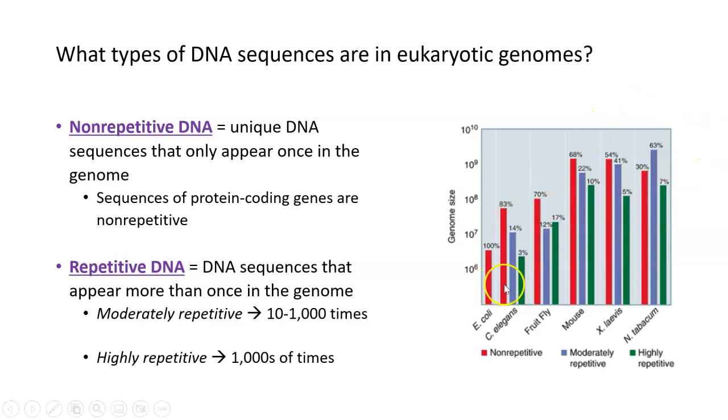And if we actually look over here again and break down the moderately versus highly repetitive numbers, what we'll see is that there's actually an increase in both of them as organisms increase in complexity. And so things that are often found in the moderately repetitive DNA sequences are usually things that have secondary structures, like a tRNA would be encoded in a repetitive portion of DNA.